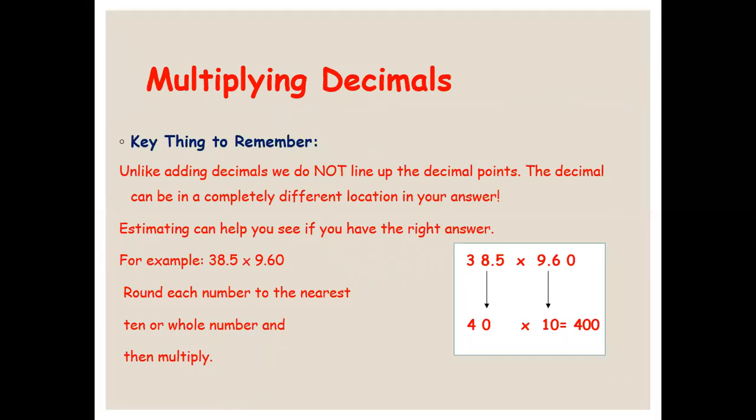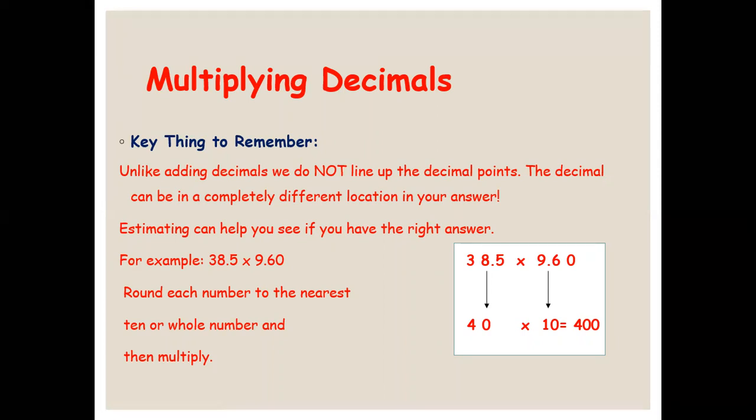Like in addition and subtraction, we align the decimal point in a straight line. Here, no need to align the decimal point on a straight line. It can be anywhere, but you should note down how many decimal places are there in the factors, and the product should have that many decimal places in the answer.